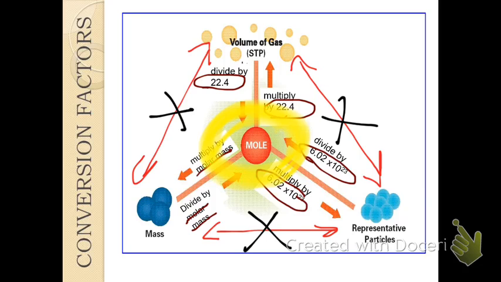Everything has to go to the mole. So if I want to go from volume to particles, I have to go from volume to moles, moles to particles. If I want to go from particles to mass, I have to go from particles to moles, moles to the mass. If I want to go from mass to volume, I have to go from mass to moles, and moles to volume, and vice versa. You can never just skip moles and go across. Mole is your pivot point.